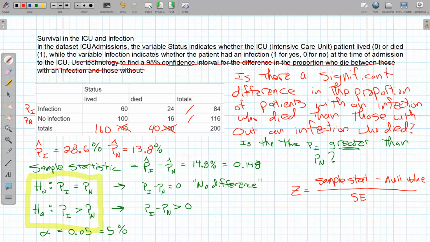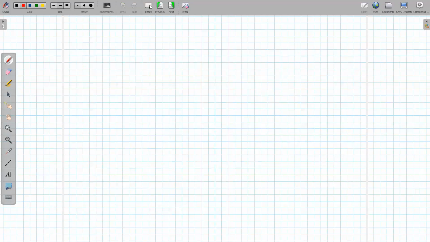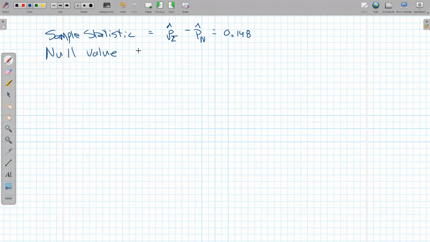So, proportion differences are, I think, one of the trickier ones with the formulas because there's a bunch of things involved. So again, my sample statistic is the PI hat minus PN hat, and that was about 0.148. The null value for difference is, we're assuming there's no difference, 0.